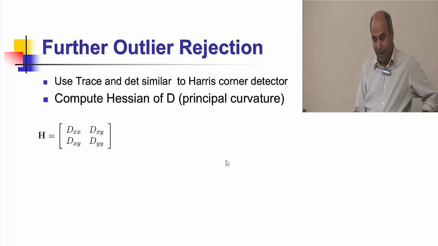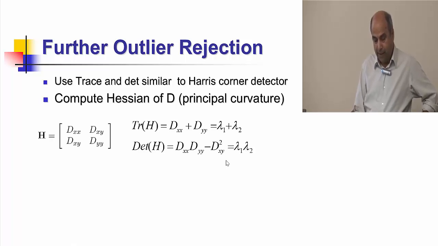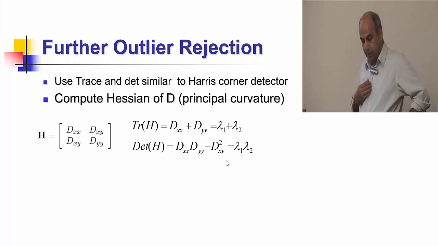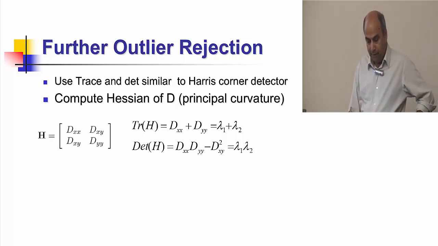So once you have that, then ideally we want to look at the eigenvalues of this, as we did in the Harris detector. But we can do it a simpler way: we look at the trace of this matrix, which is the summation of the diagonal elements, and the determinant of this matrix, which is given here, this multiplied by this minus this multiplied by that.